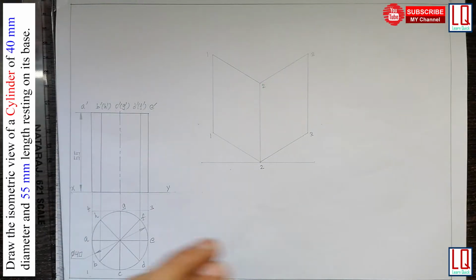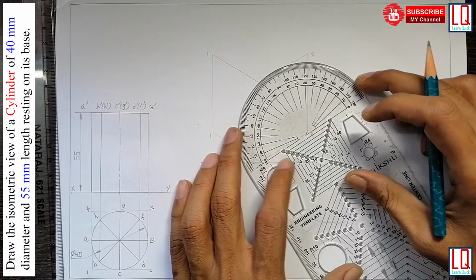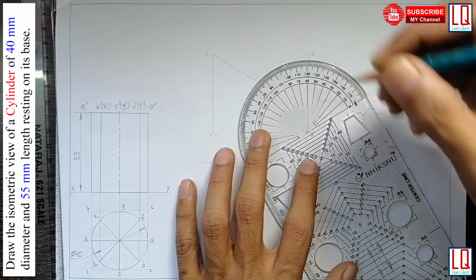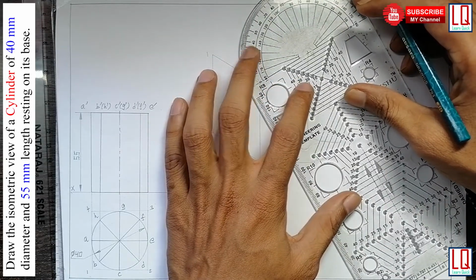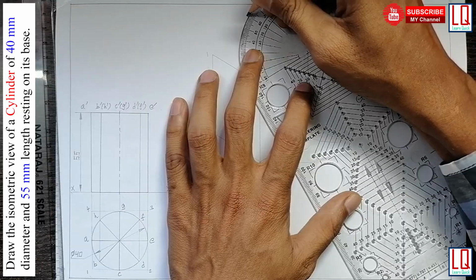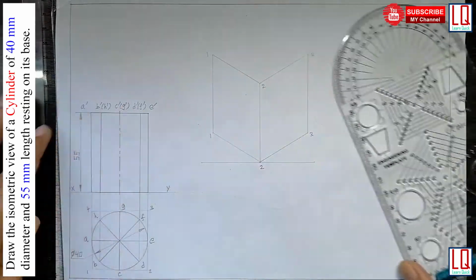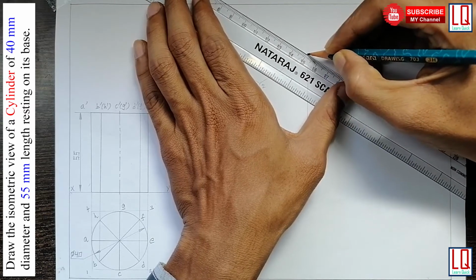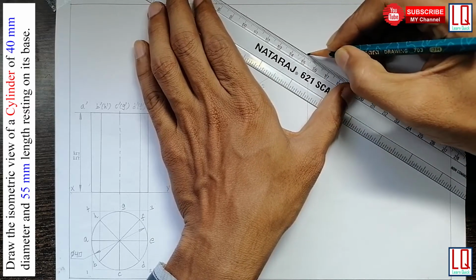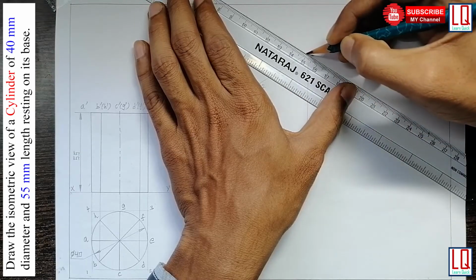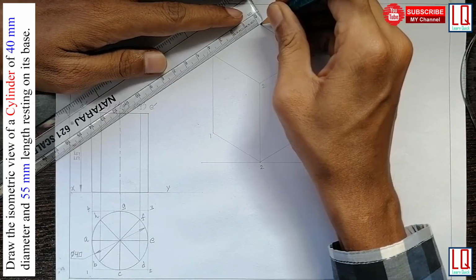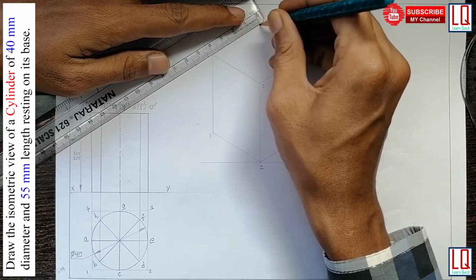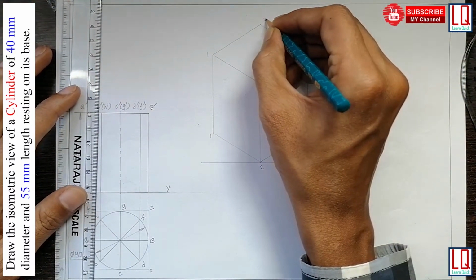To find corner 4, I measure 60 degrees and draw 40 mm to find corner 4.